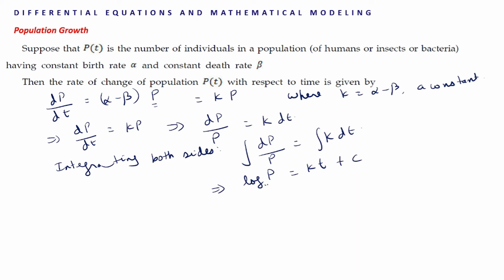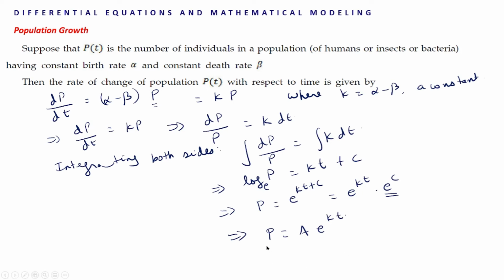Now this is log P to the base e. So from here we have P equal to e raised to (kt plus c), or e raised to kt into e raised to c. This e raised to c is a constant, so we can write P equal to A into e raised to kt.